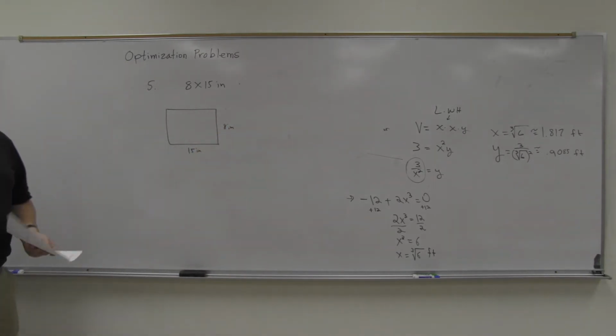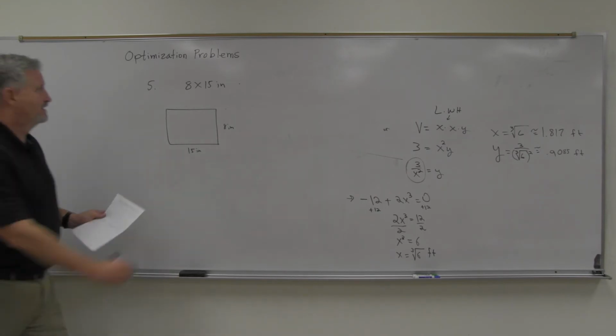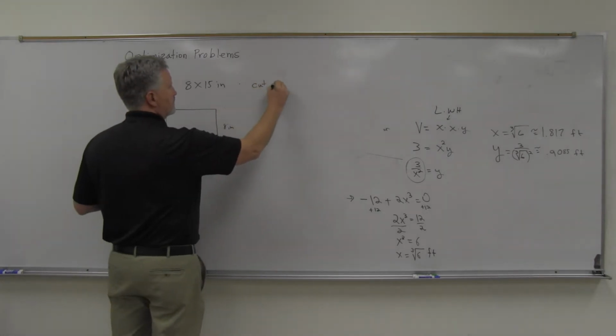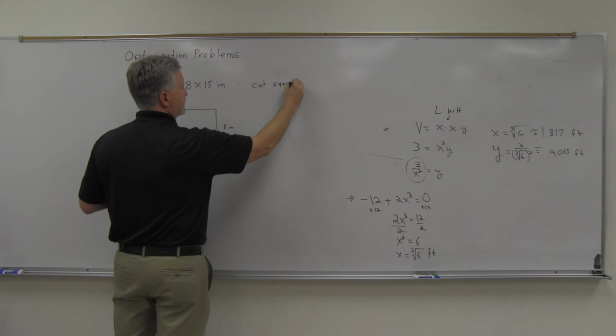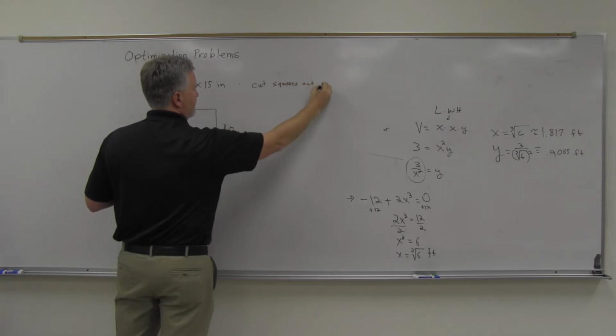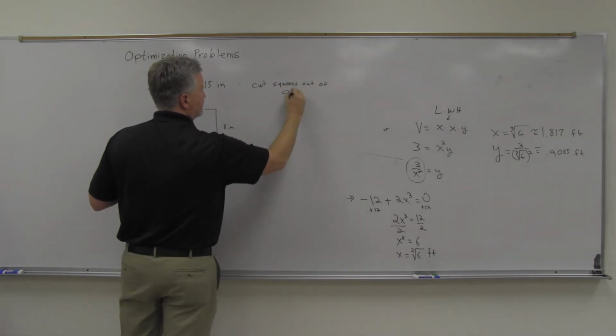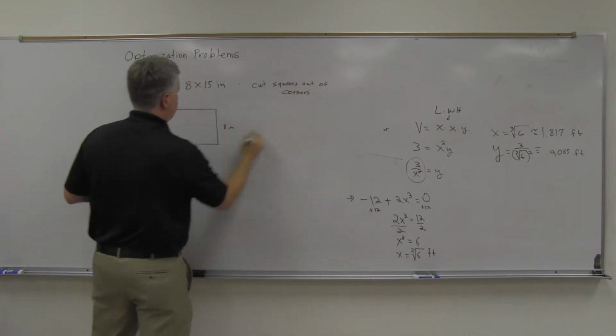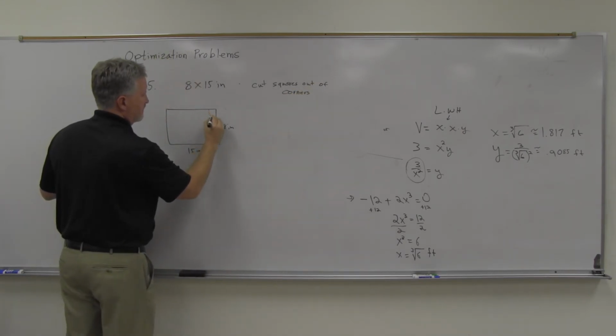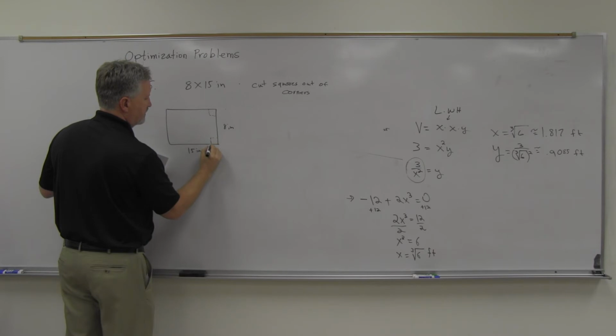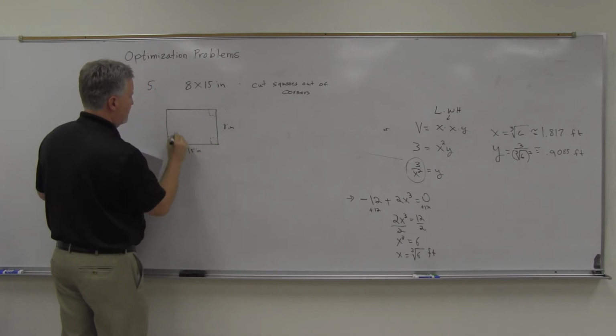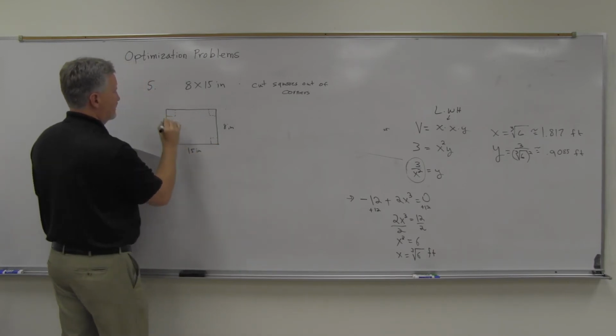We're going to make a box out of that by cutting squares out of the corners. Same size squares out of the corners. So cut a square there, cut a same size square there, same size square there, there.